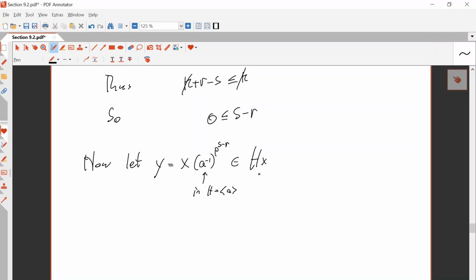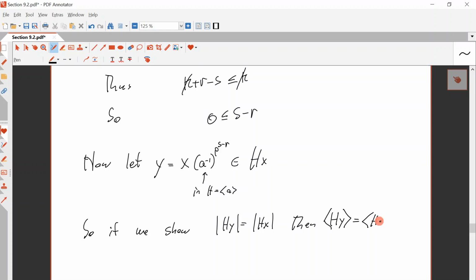Right, so now we're going to show that the order of hy is equal to the order of hx, right? Then hy is going to be a subgroup of the cyclic subgroup generated by hx.